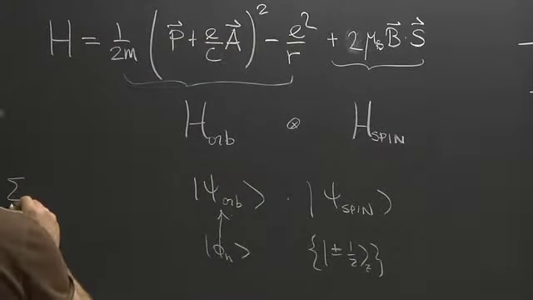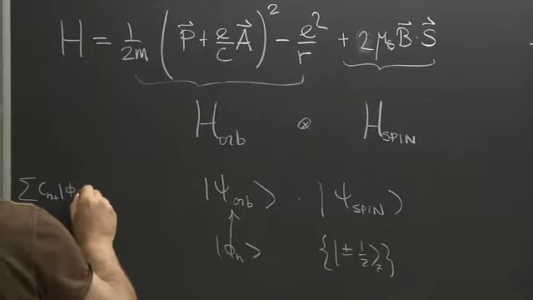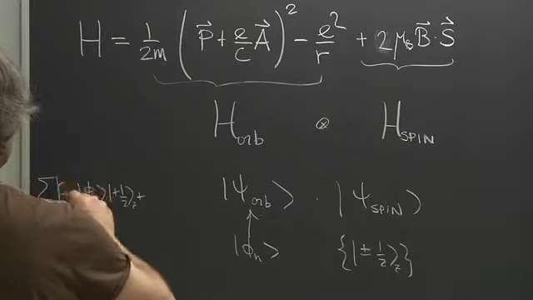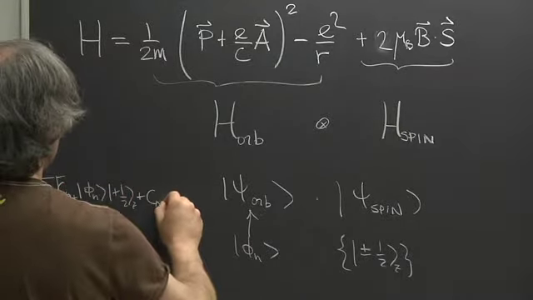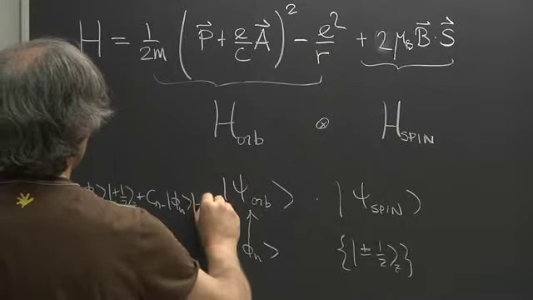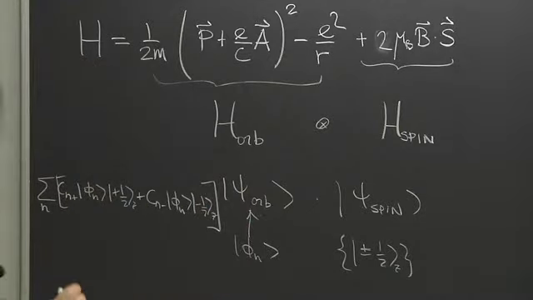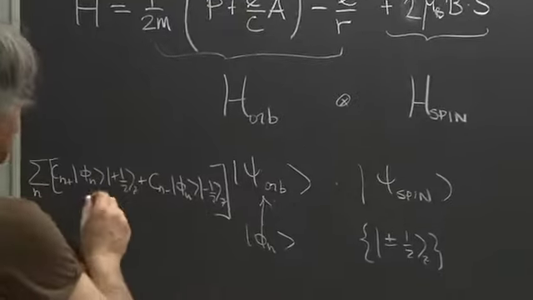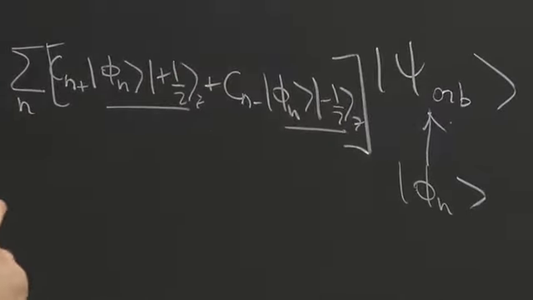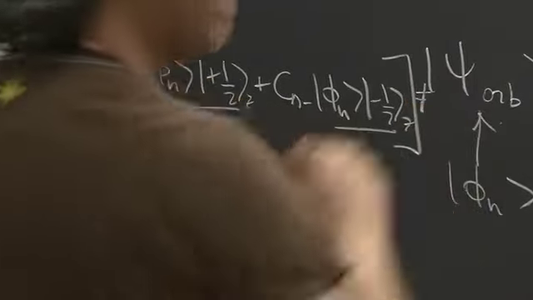Sum over n, some coefficient c n plus times phi n times plus 1/2, plus another coefficient c n minus times phi n times minus 1/2. So this is the most general state. You see, it's a sum of products: an orbital times spin, orbital times spin. But in general, this is different from what you see here.